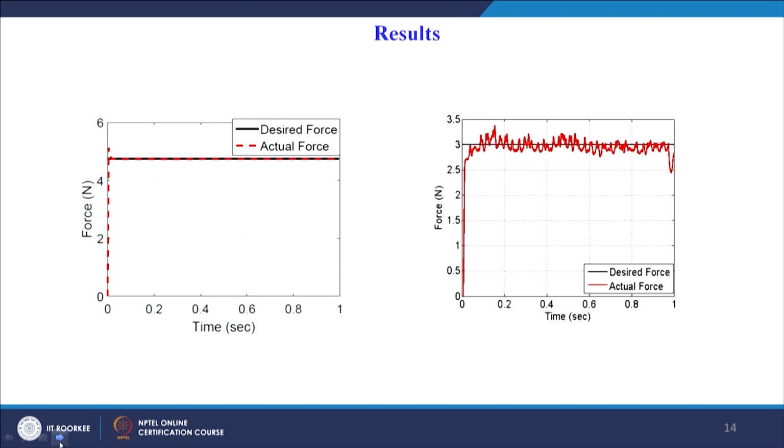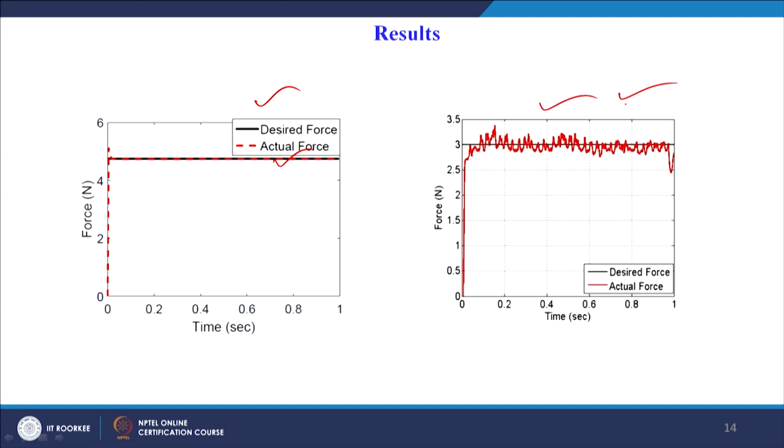We see the results here from the simulation study, and also from the experimental study. Given a force of close to 5 Newton, the desired trajectory is obtained very fast, and the system stays in the converged position for a time of 1 second.